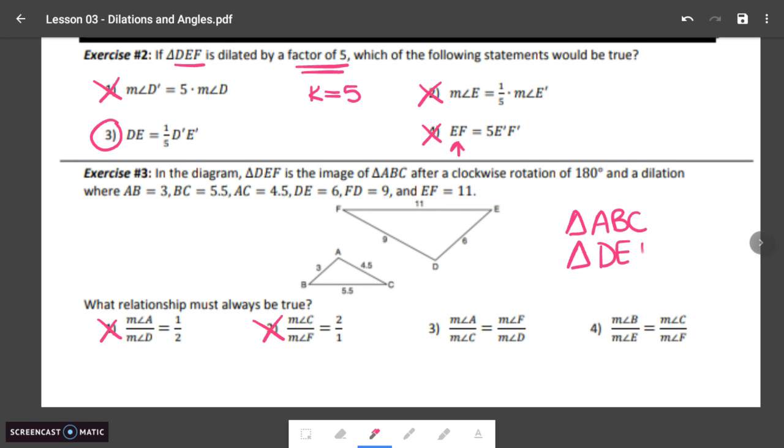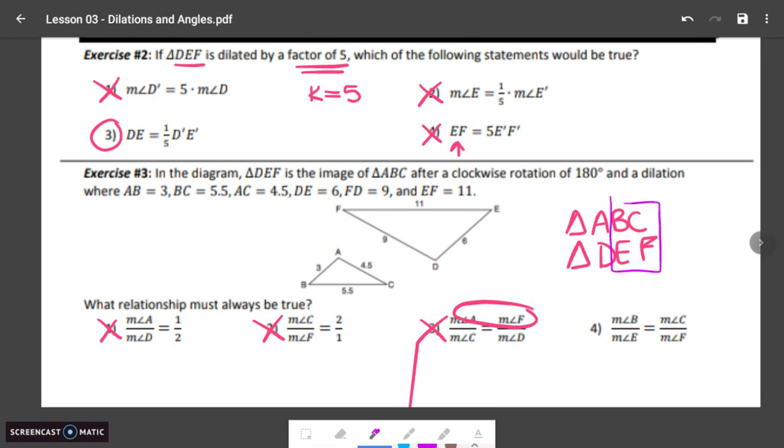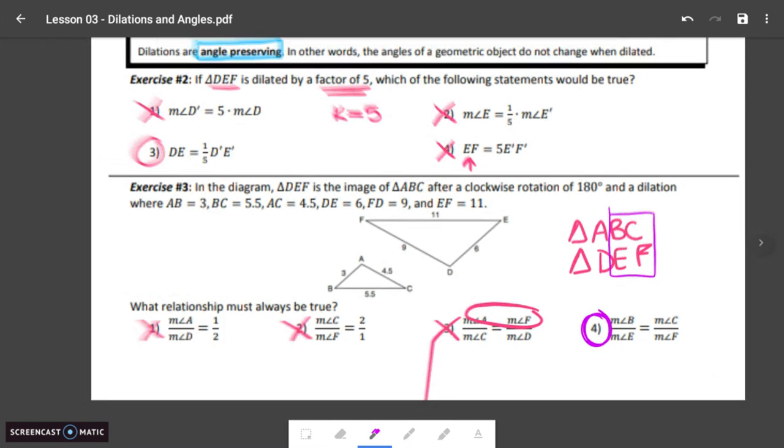So remember, those sides always have to correspond to one another. So if I look, A and C are from this top triangle here, but then A doesn't go to F. So that's not true. But if I look at the next one, BE and CF, that is going to be true. So it's going to be choice 4 here.